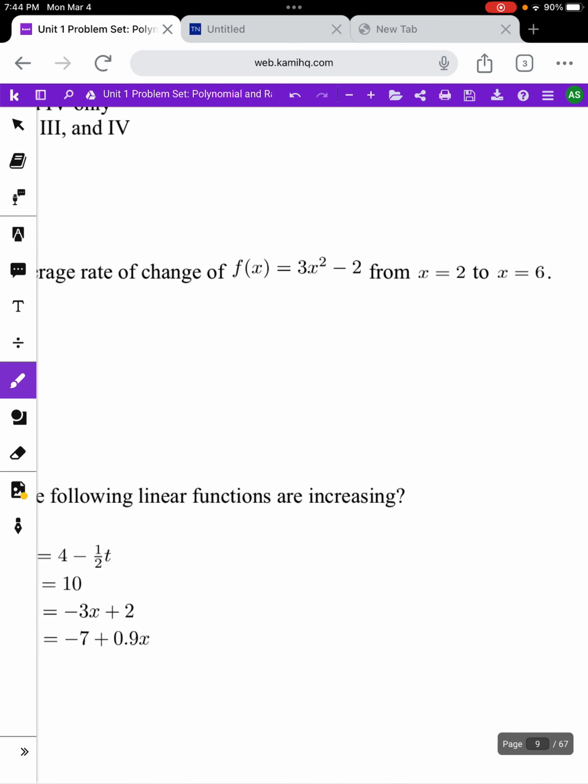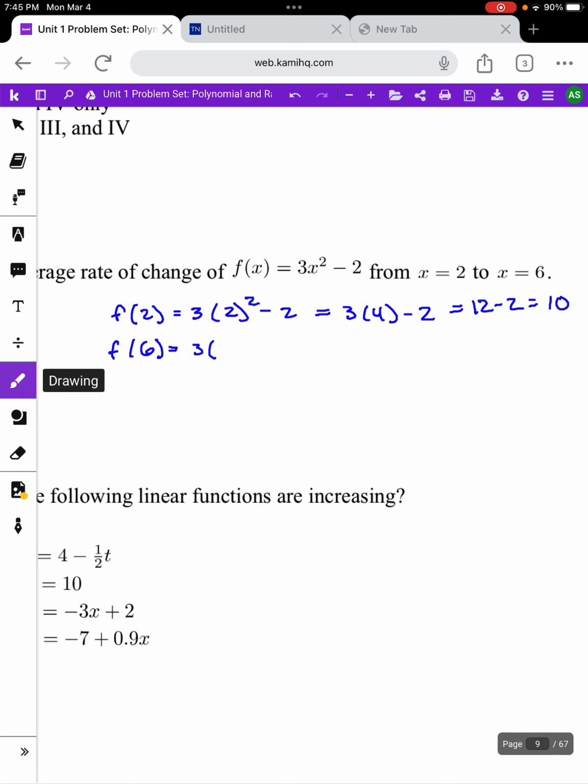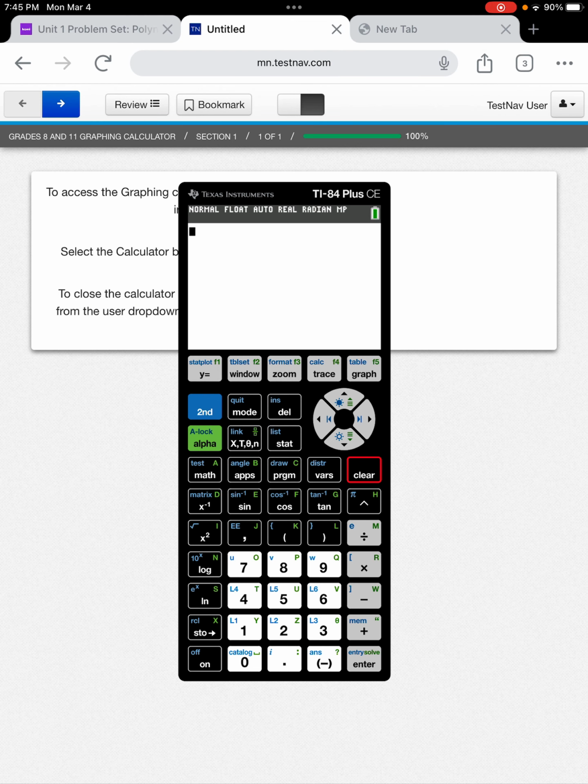So the first thing we have to do is find f of 2, 3 times 2 squared minus 2, 3 times 4 minus 2, 12 minus 2 is 10, and f of 6, which is 3, oh, that is a 2, not a 6, squared minus 2 is 3 times 36 minus 2. 3 times 36 is probably 108, but do I know off the top of my head?